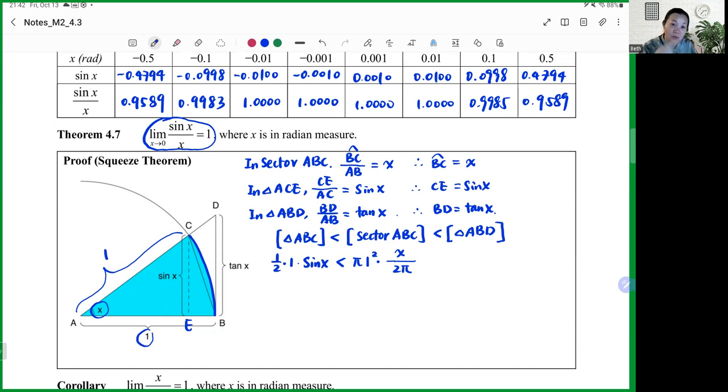So here I must use the radian divided by the radian. And for the last triangle, the largest, it's 1/2 times the base, which is 1, times height, which is tangent X.